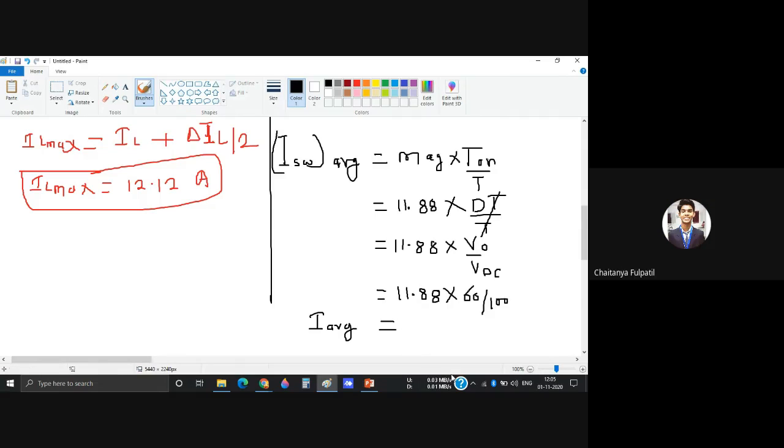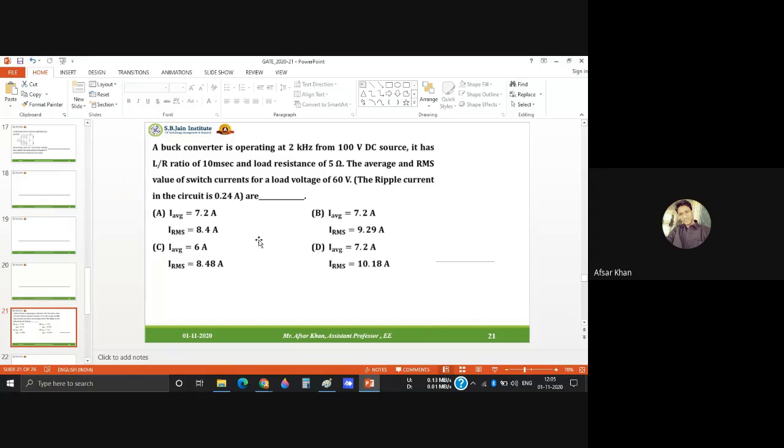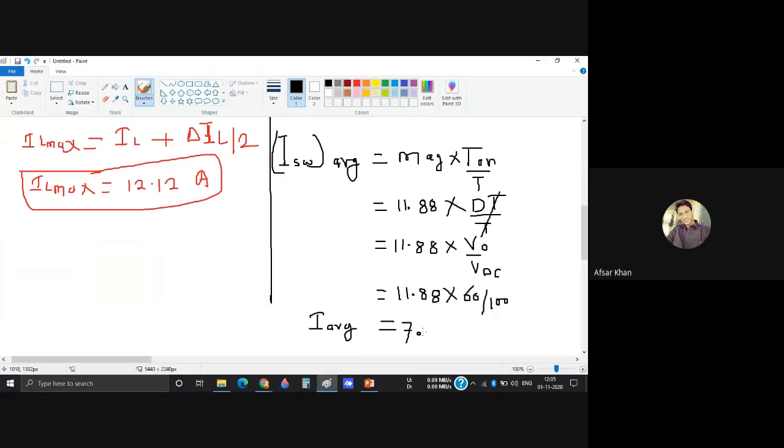How much? 7.128. So it is 7.2 ampere, which is mentioned in one option. So we'll take 7.2 ampere. Next, we have to calculate IRMS.